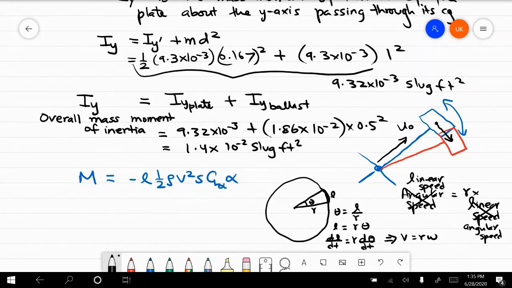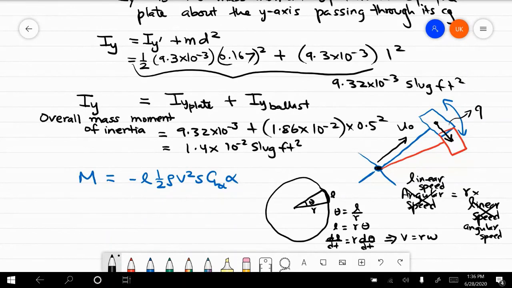So the speed by which the center of gravity is moving from its previous location to the new location is given by the angular speed, which is q, that is the component of the angular velocity in the y direction, times the distance between the center and the object.